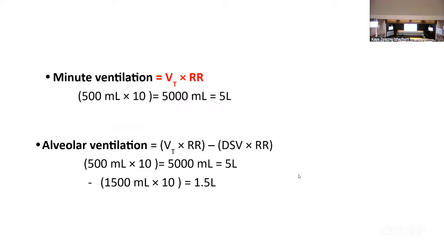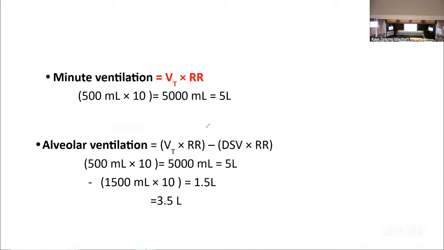Okay. But you might also notice that to get to the correct choice of 3.5 liters for that alveolar ventilation, we are multiplying times the respiration rate twice. So we could also have reshaped this if we wanted to go directly to alveolar ventilation and done our tidal volume minus our dead space volume, and then multiply that all by your respiration rate.